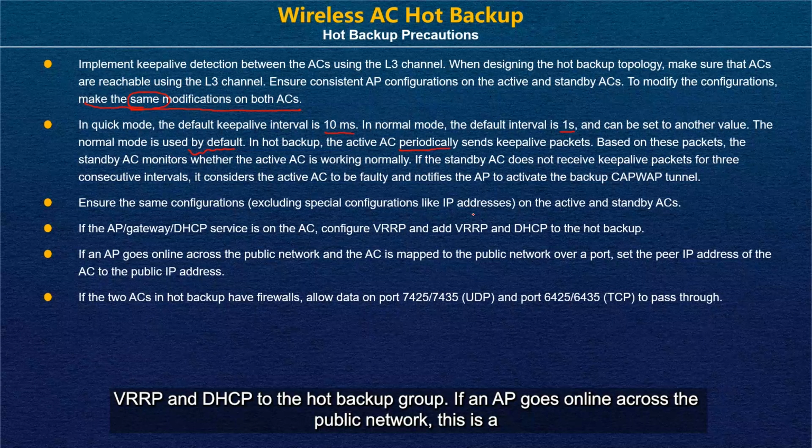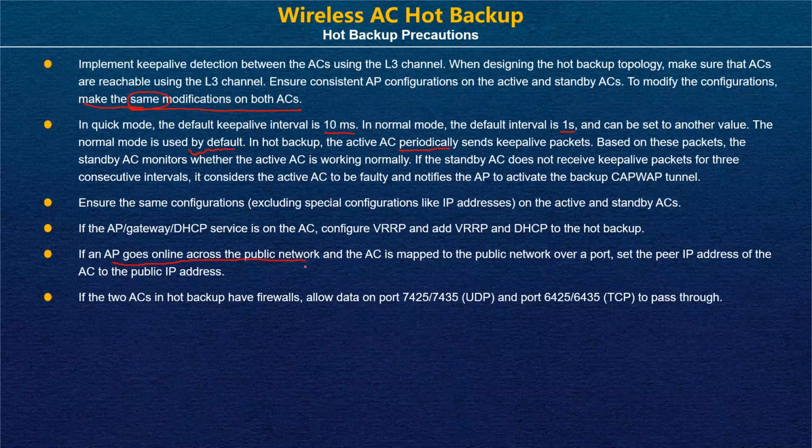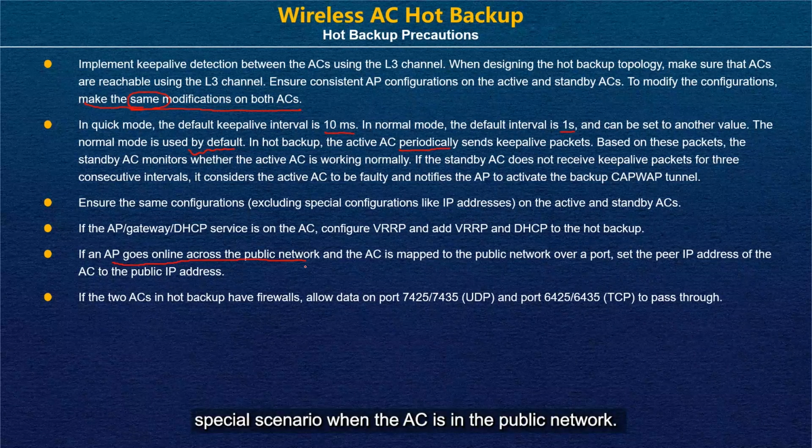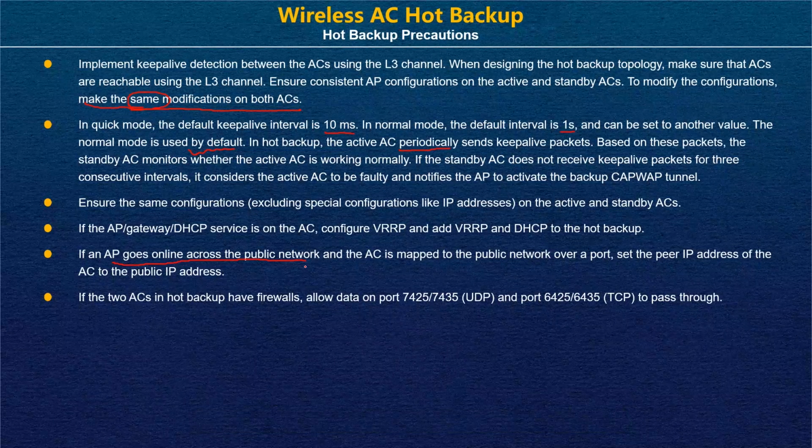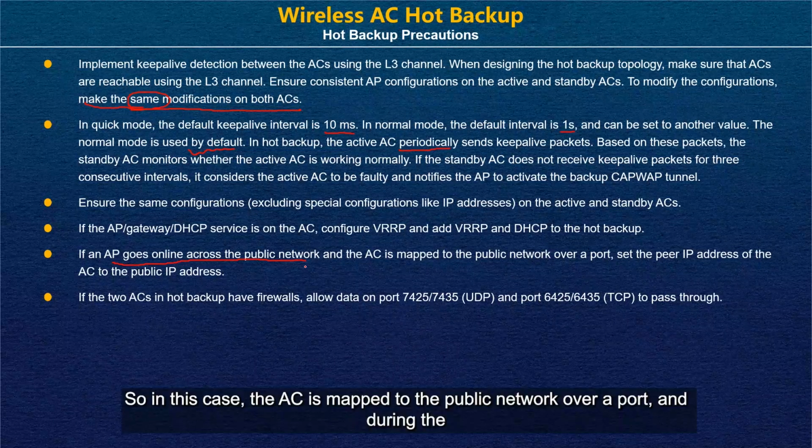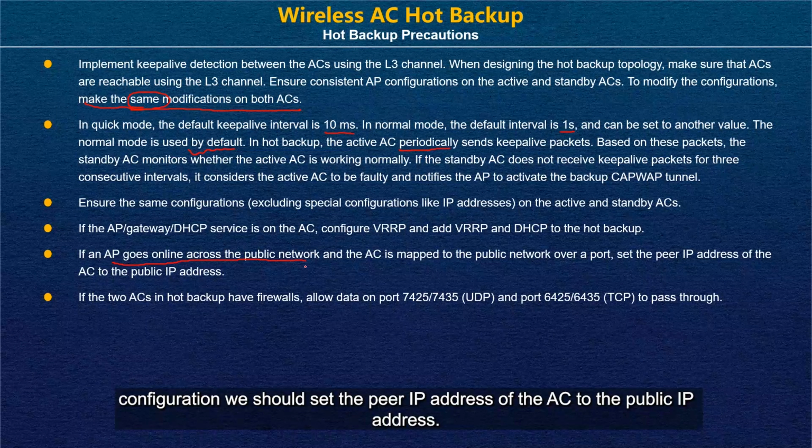If an AP goes online across the public network, this is a special scenario when the AC is in the public network. So in this case, the AC is mapped to the public network over a port, and during the configuration, we should set the peer IP address of the AC to the public IP address.